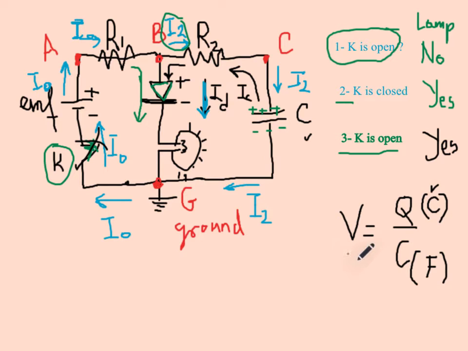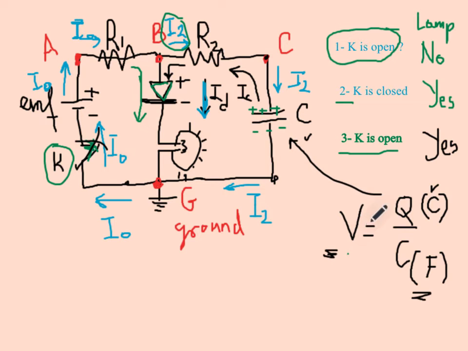So we have now, for example, the capacitance of the capacitor in farad. Knowing the voltage, if we know the voltage between point C and the G, the ground here, then we can determine the charge. So this charge is the charge stored in this capacitance here during the charging process.